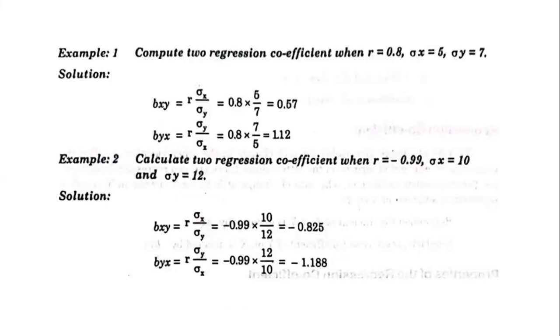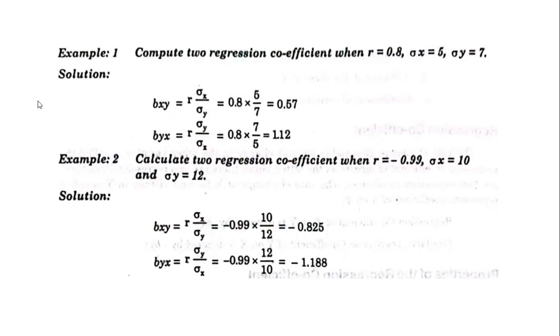These sorts of problems you may get for 2 marks: compute the two regression coefficients when R, that is the correlation coefficient, is equal to 0.8, sigma x, that is standard deviation of x, is 5, and standard deviation of y is equal to 7.